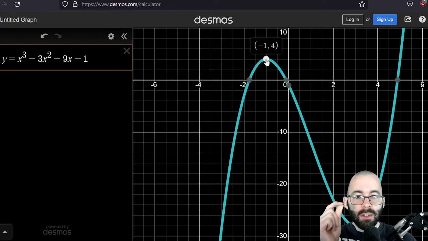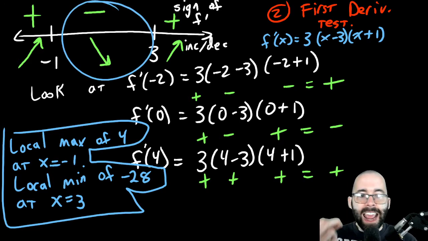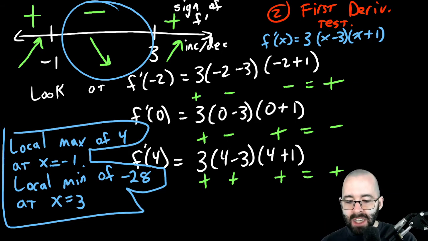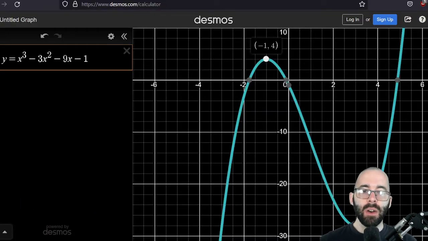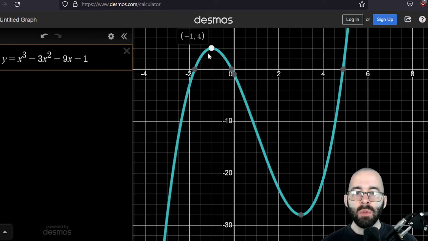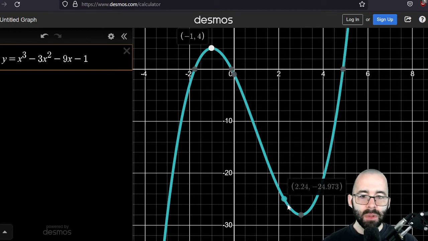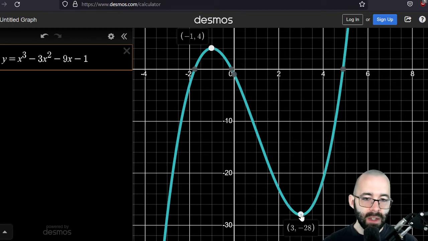But as soon as x is -1, the function's not going up anymore. The function is now going down. We said, look at that middle interval. Everywhere from -1 to 3, the derivative is negative, so the function has to be going down. And indeed, when x is -1, the function starts going down. The slope is negative all the way until x is 3.